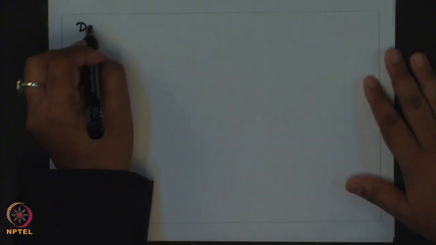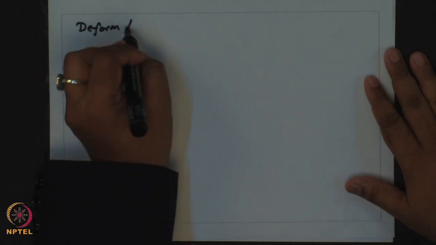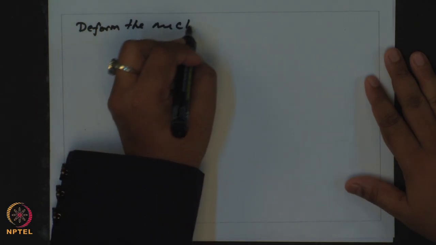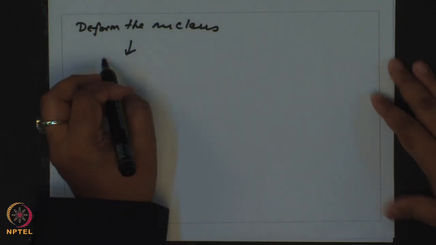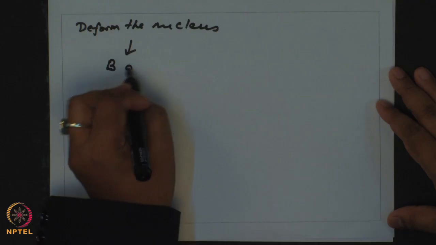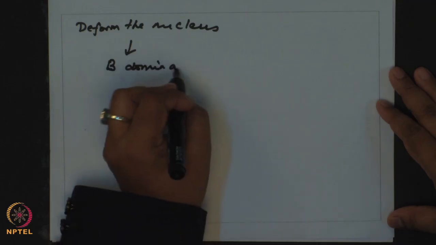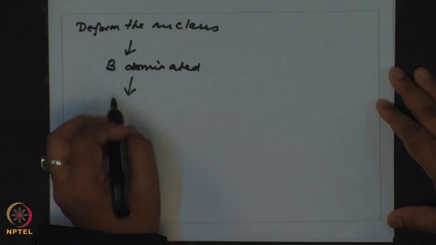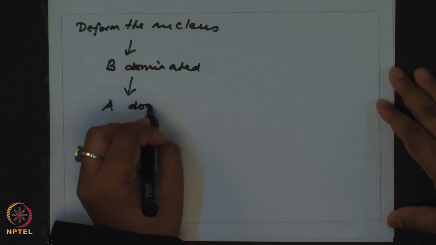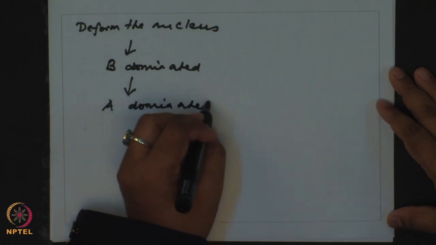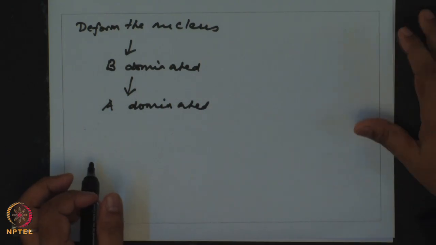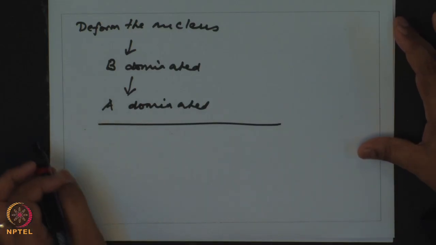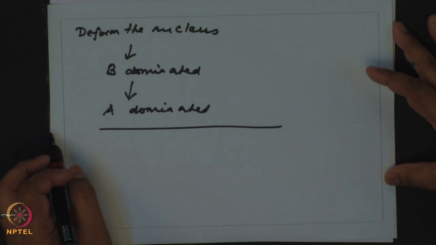Whenever you deform the nucleus, you have a short term response which is lamin B dominated and a long term response which is lamin A dominated. So this was the first part of what I discussed on the nucleus.